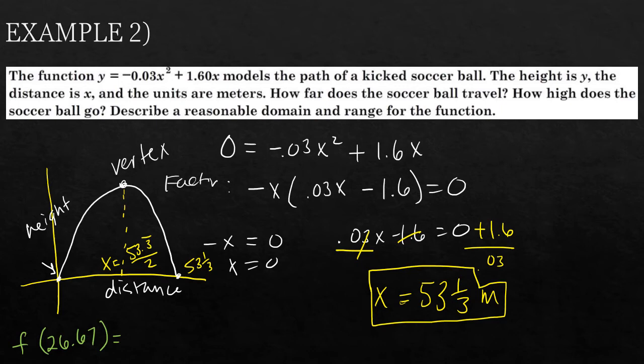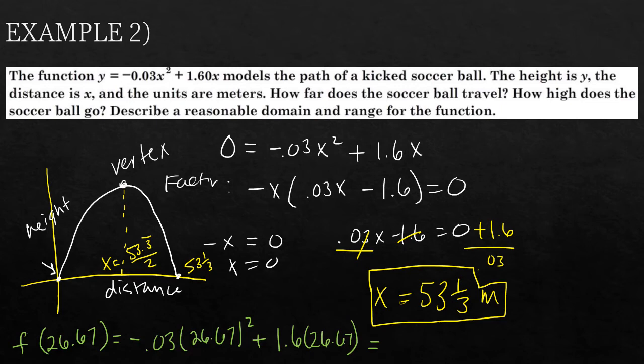And we're going to plug this into our equation. So plugging it into the equation, what do we get? We have negative 3/100 times 26.67 squared plus 1 and 6/10 times 26.67. All right, so we type that all into our calculator.